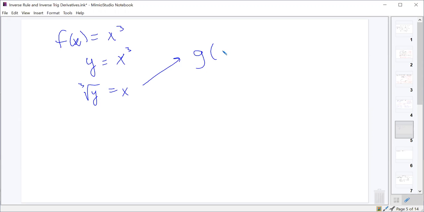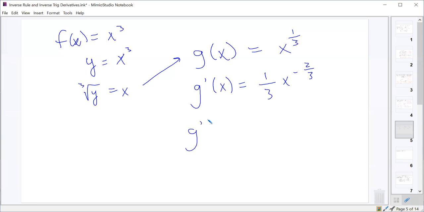So G of X would be X to the 1/3, cube root of X. So we could have found G prime of 8 just by finding G prime of X, 1/3 X to the negative 2/3, and then plugged in 8, 1/3 of 8 to the negative 2/3.